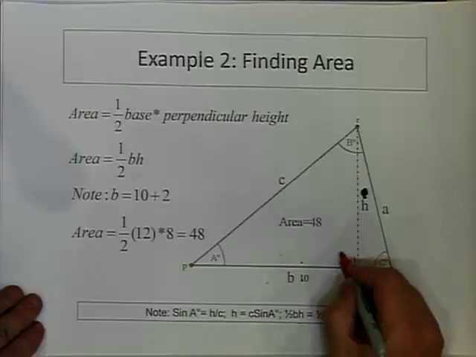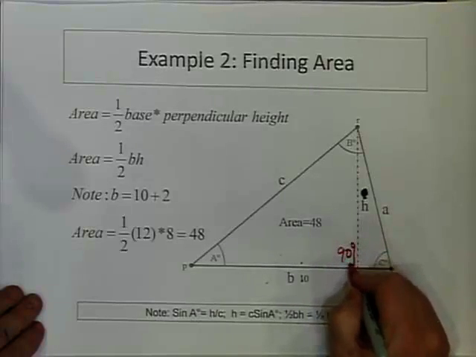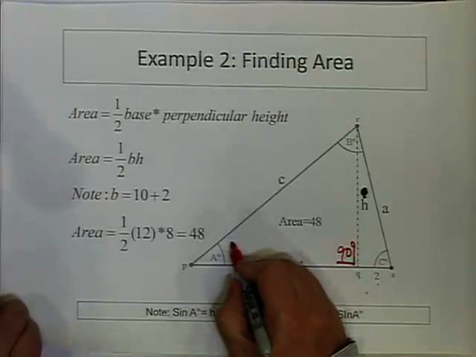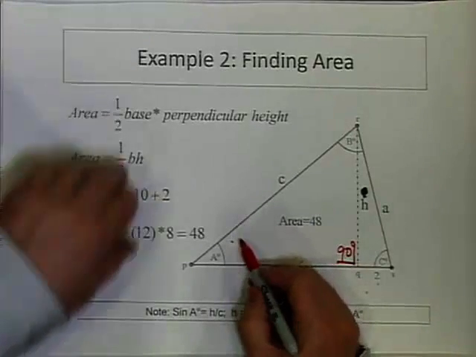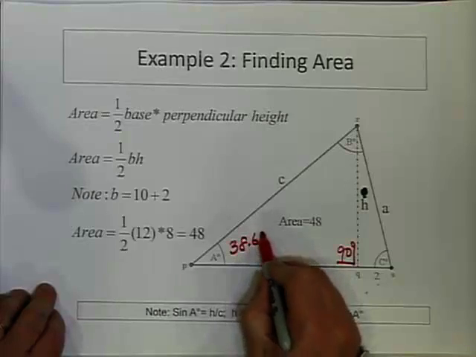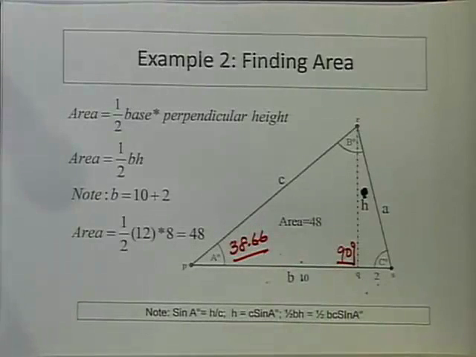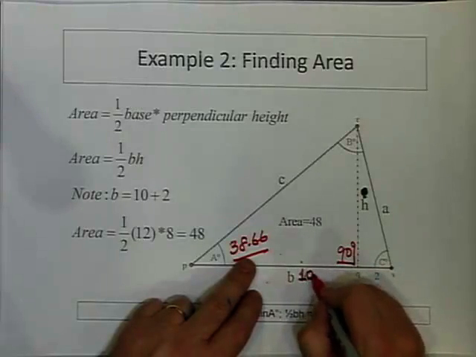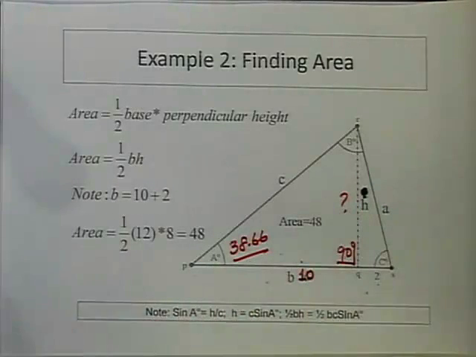But I knew that that was a right angle triangle there of 90. And I knew that this angle was actually given, and let's say the given angle was 38.66. If I know that angle, and I know this length here, do you reckon I could find out what that height is?